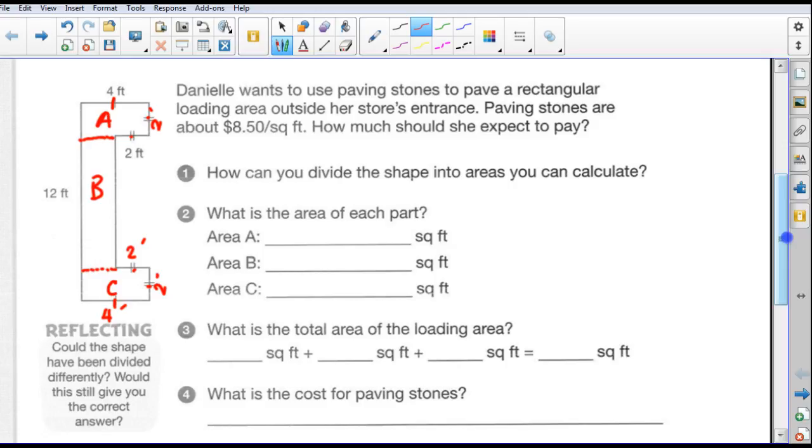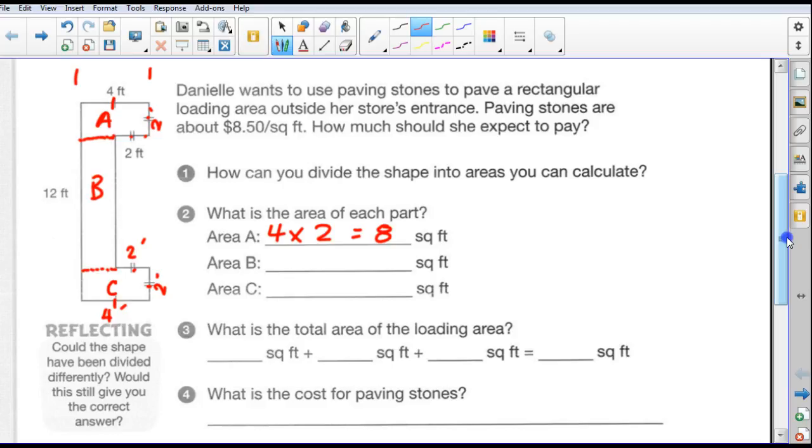Well, area A, we know it's just a simple rectangle. It's just 4 times 2, okay, which is equal to 8. Area B, well, we know that if this is 4 feet from here to here, and this is 2 feet from here to here, then we just take 4, subtract 2, and we get 2.